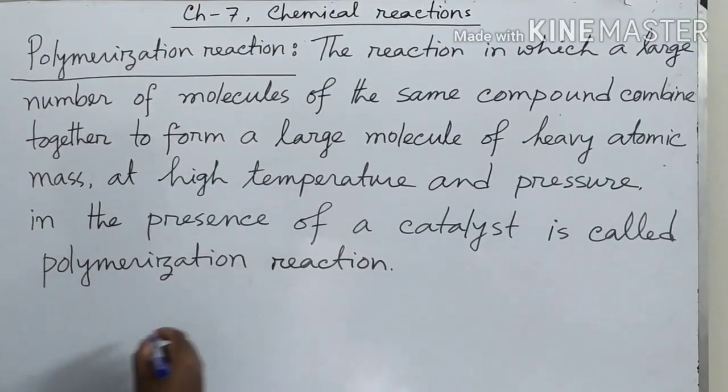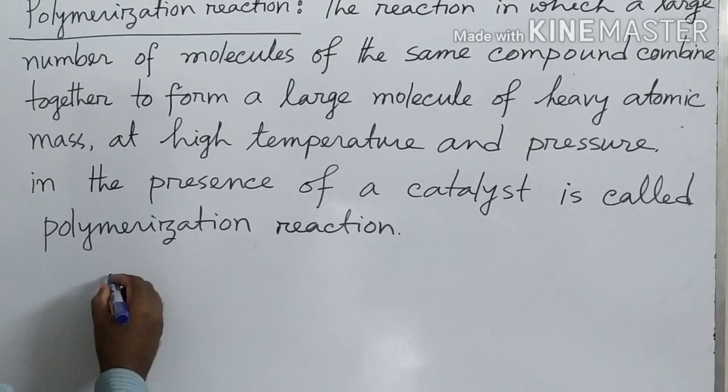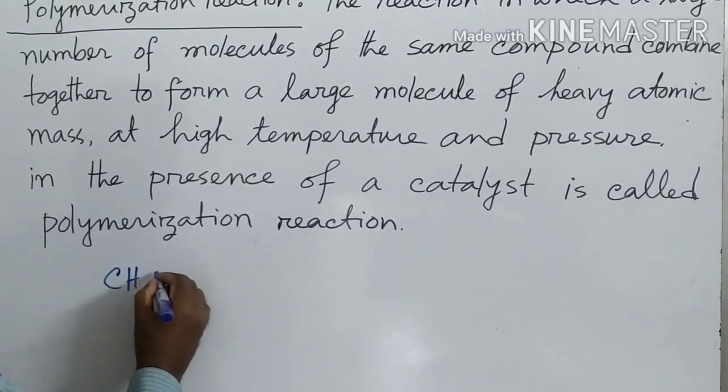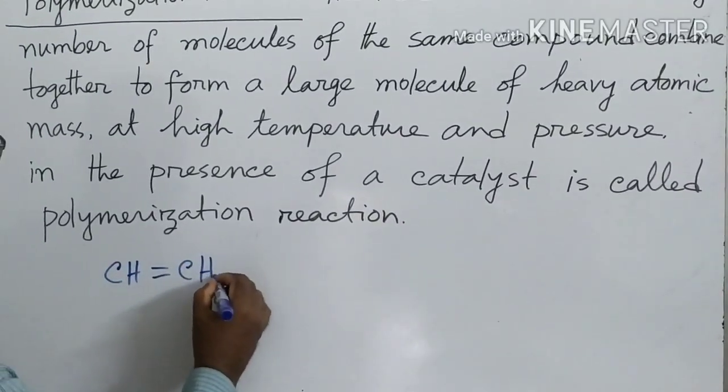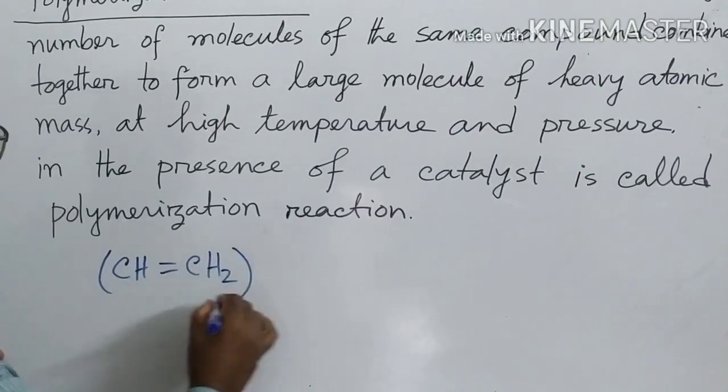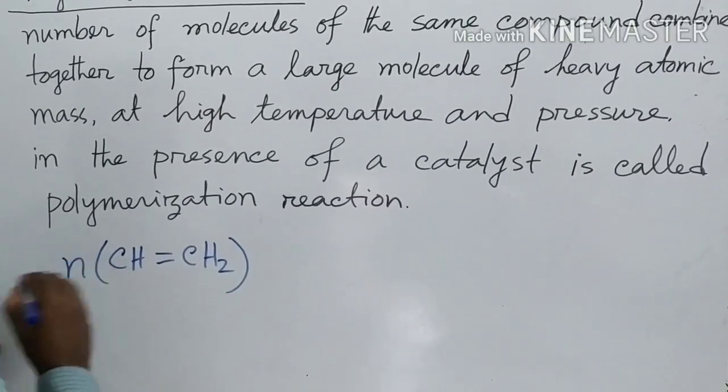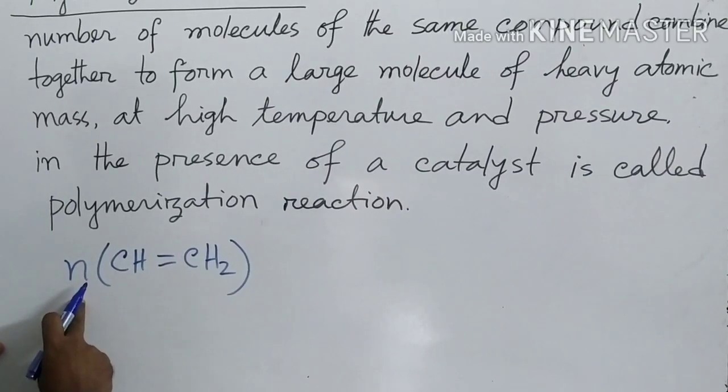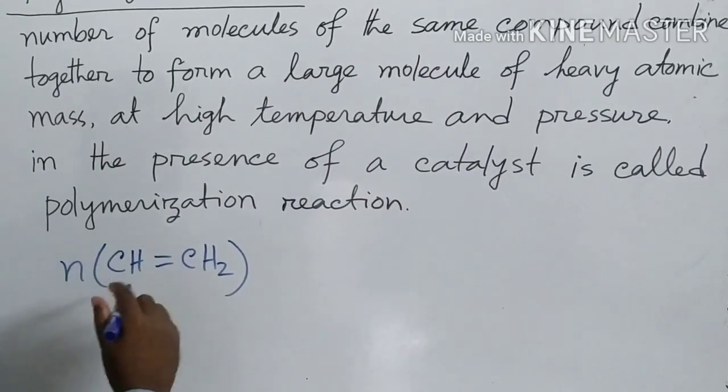Okay, let's see the example. This is ethylene. So here large number of molecules means n molecules. N means integer, it may be a big number.